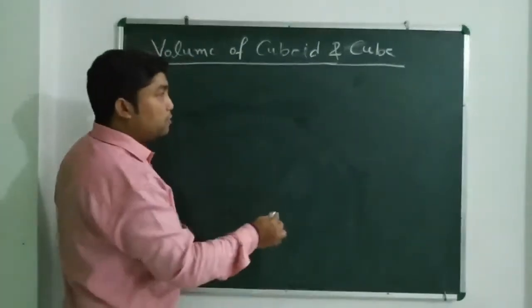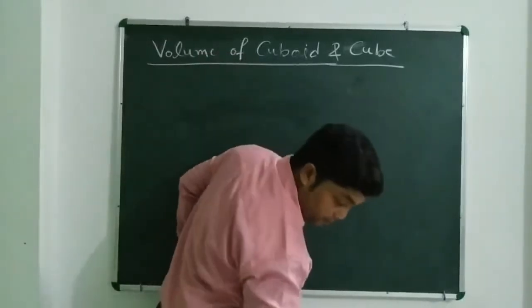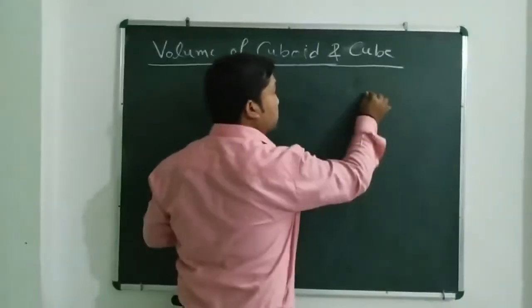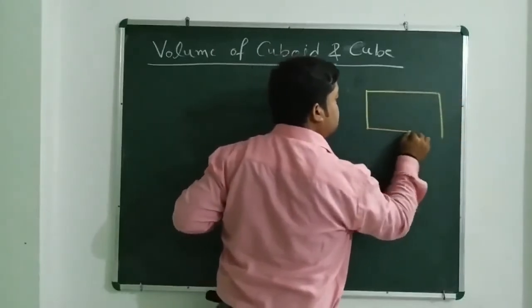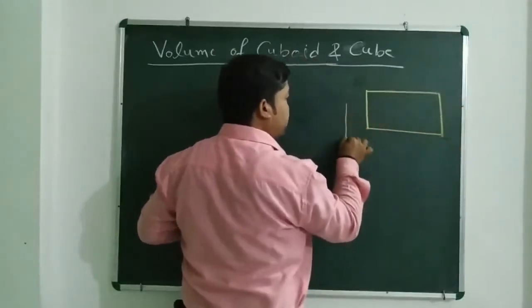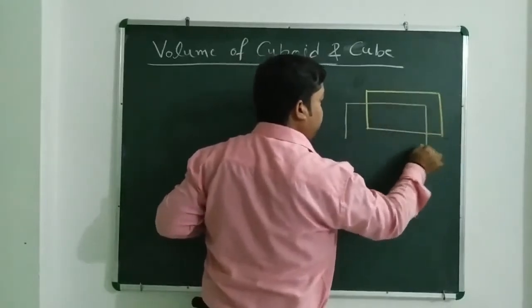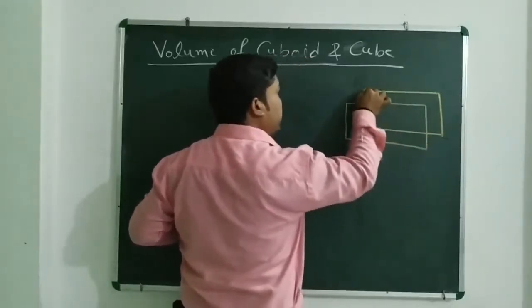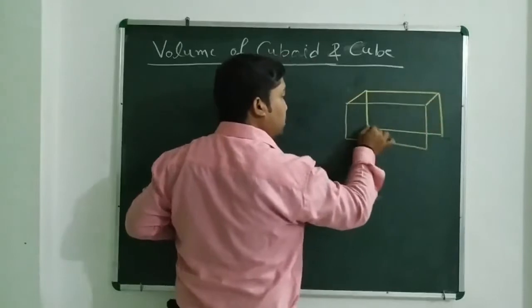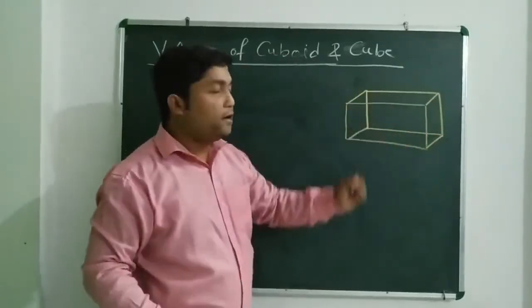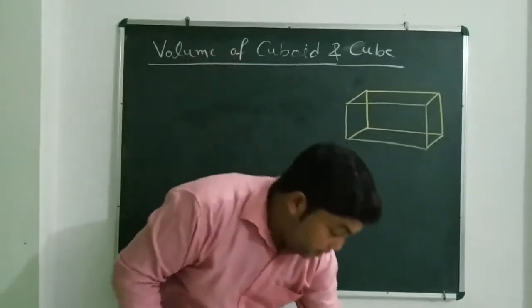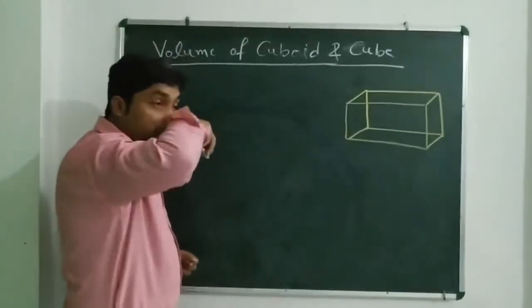If we draw it on the board, we draw two rectangles in such a way, and when you join the vertices of the rectangles, you have formed a cuboid on your board.